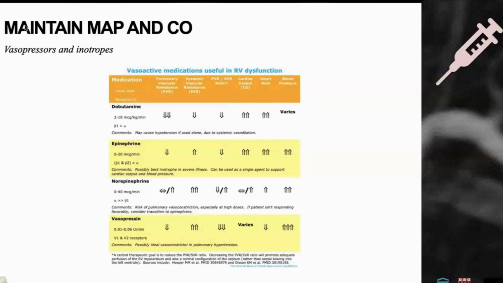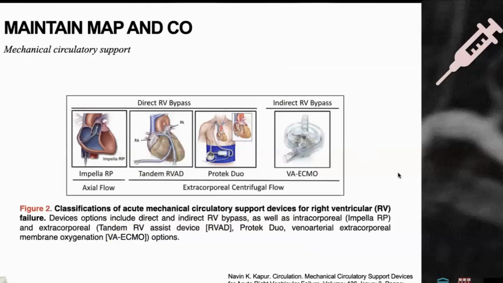The nice thing is that they also drop your pulmonary vascular resistance, but these patients, if you give them just dobutamine, might become even worse hypotensive, because you're dropping your systemic vascular resistance. So sometimes what people do is they do dobutamine and then add vaso on top of that. So you're counteracting that systemic vasodilation with the vasopressin or the epinephrine or the levo, while still getting the inotrope effect of the dobutamine. So think about all these agents when you're thinking about RV dysfunction.